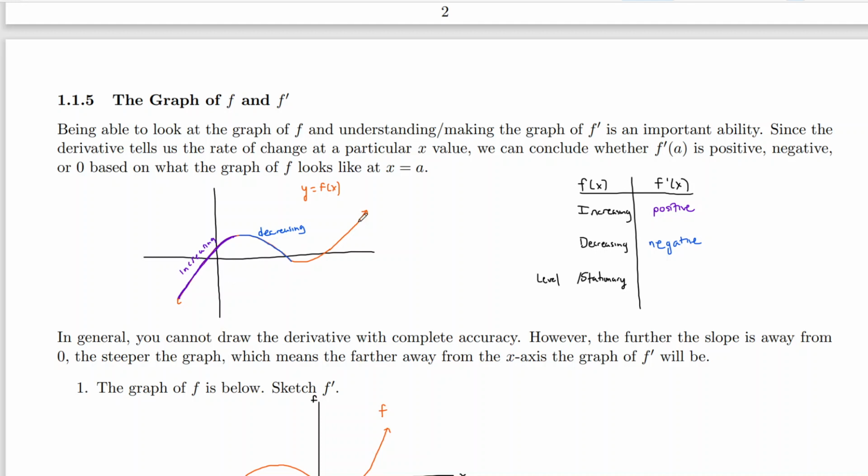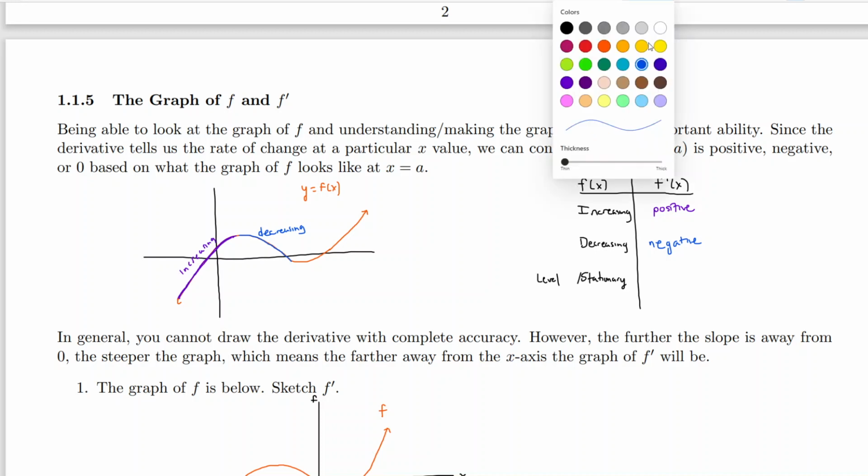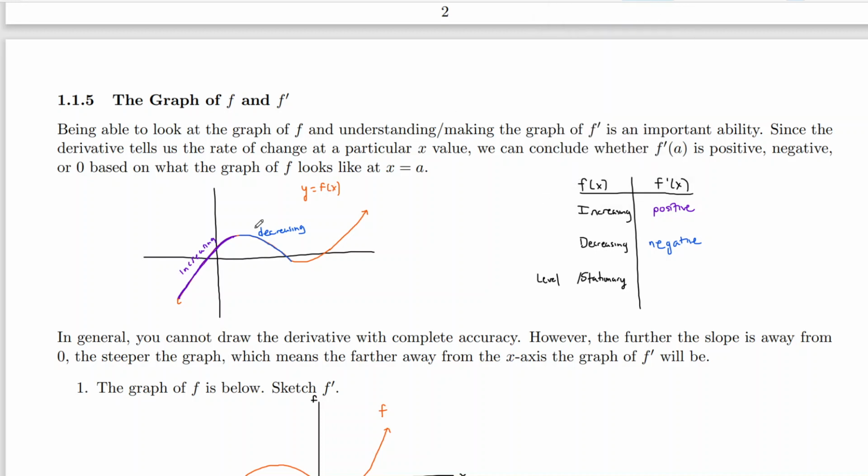Now, pretty much anywhere where a graph switches from increasing to decreasing, it's level or stationary or pausing. So many words to describe it, but the slope right there, f prime of x, is 0. So anytime you have what looks like a maximum, the top of a hill, or a minimum, the bottom of a valley like this, at these points, the slope is 0.